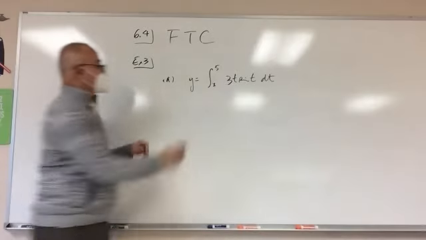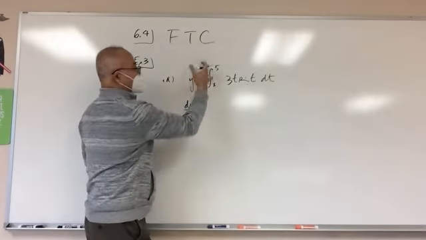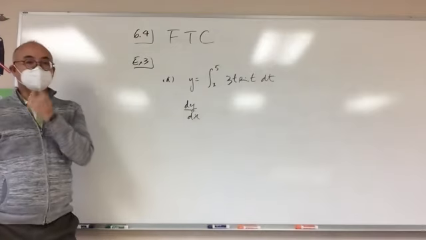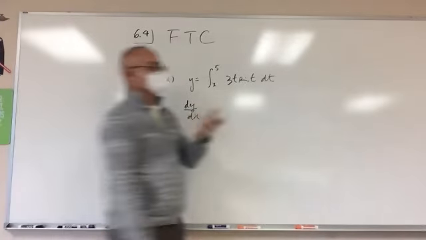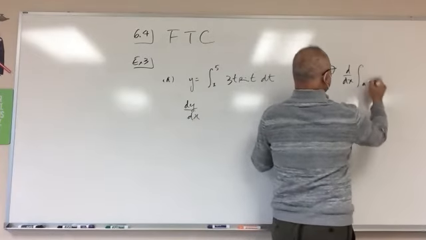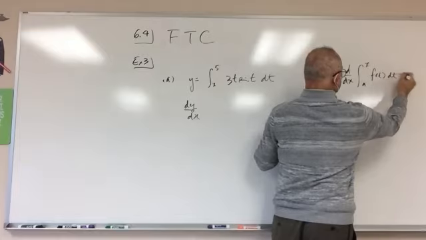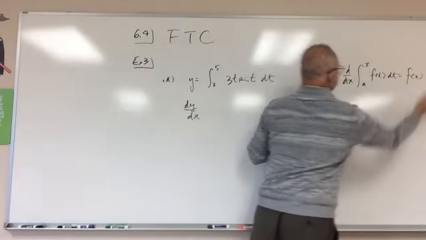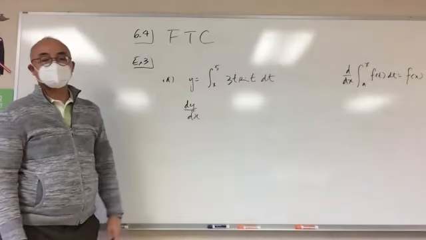We're trying to find dy/dx. So taking the derivative of this, what's the problem here? What's our problem here? We know that the first part of the theorem says this. So what's our problem compared to that? What's going on with this one?